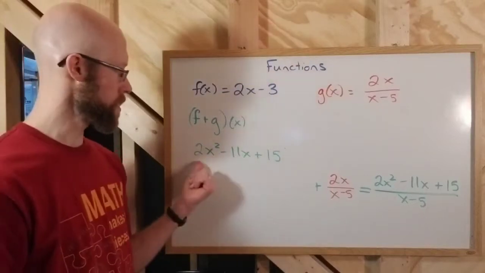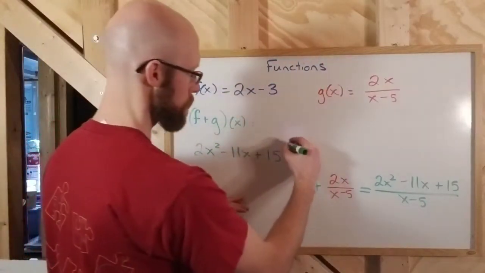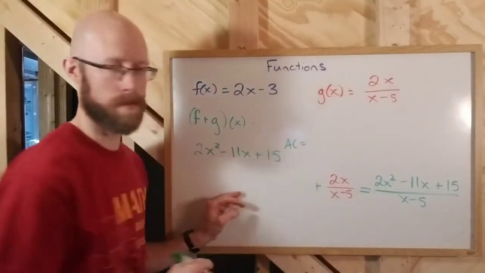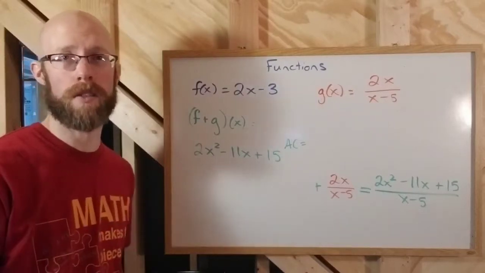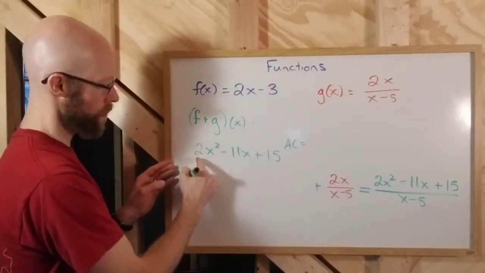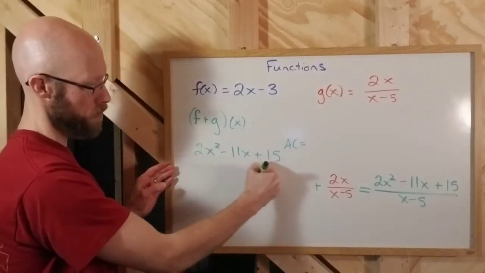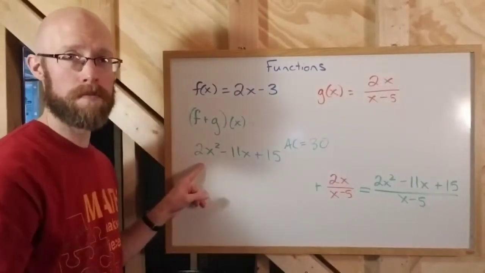And to factor this, if the leading coefficient is not 1, I need to use something called the AC method. Some of you may have seen the AC method before, or a variety of other methods for factoring. A times C, remember, if this is ax squared plus bx plus c, AC is 30, that's 2 times 15.